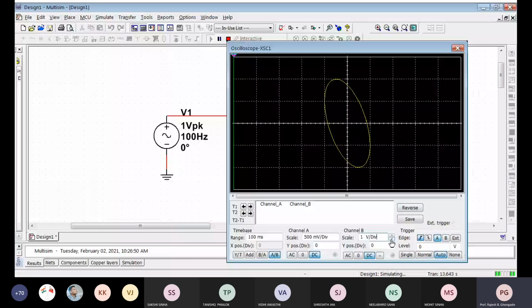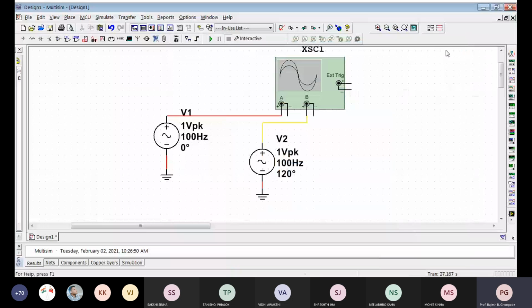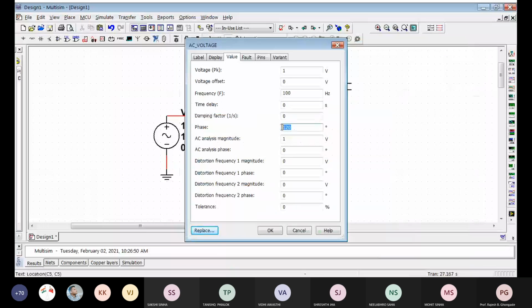So how do you calculate from here? What is the phase shift? If it is negative phase shift, let us say this is minus 120. Let us see what happens.